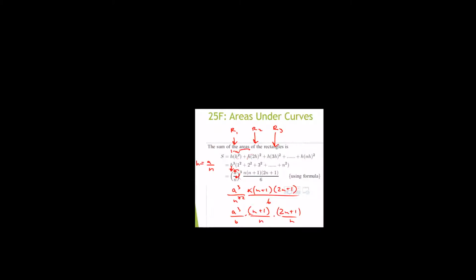So now let's look back here. Here's R1, our first rectangle, and here's the area of that rectangle. To find the total area, we're going to sum all of these together.